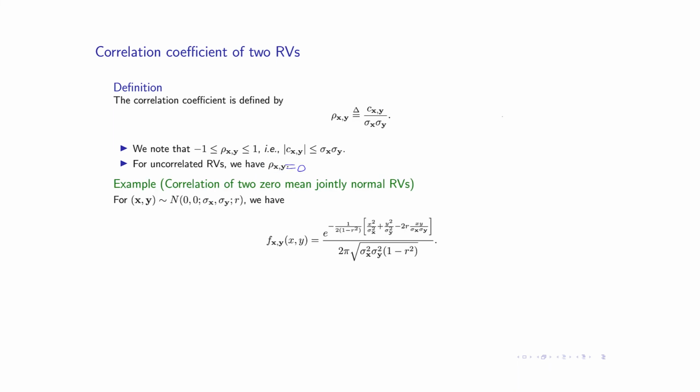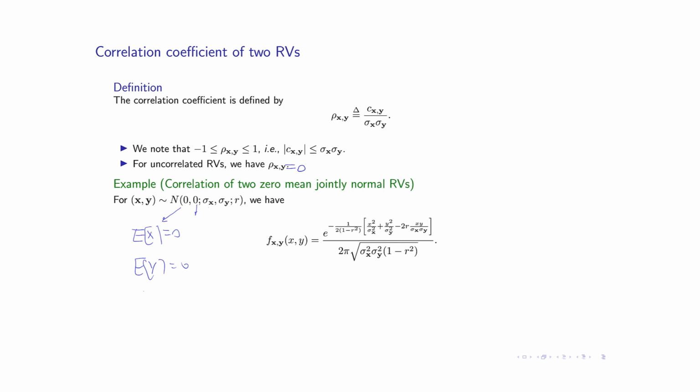Now let us have one example: the correlation of two zero-mean jointly normal random variables. This is the distribution of two jointly normal random variables x and y. The mean of x is the first argument, which is 0. The mean of y is the second number, which is also 0.